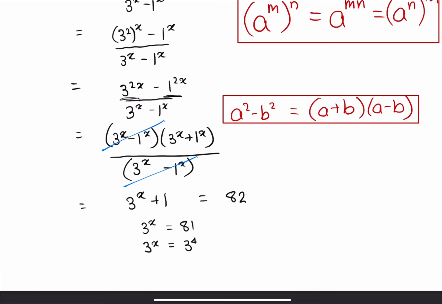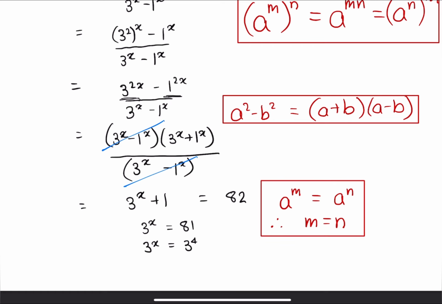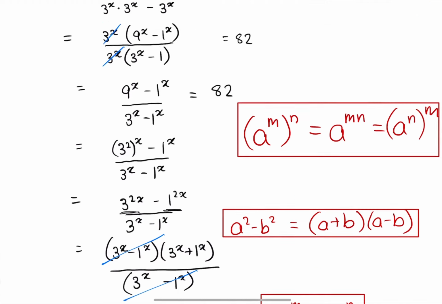And there is another rule which states that if a raised to the power m is the same thing as a raised to the power n, then m is equal to n. So using this rule, we can state that x is equal to 4, which is exactly what we had to find in the start.